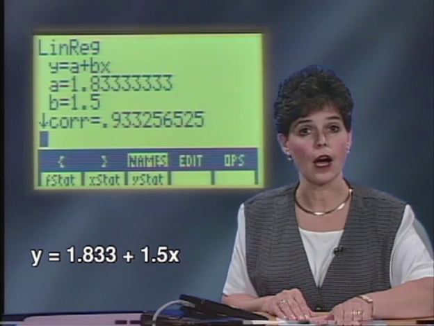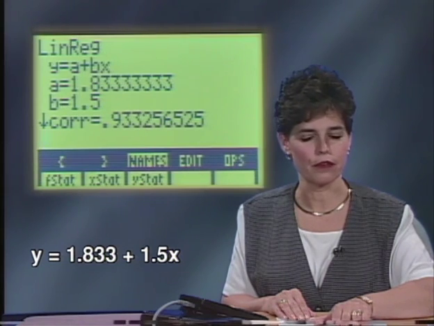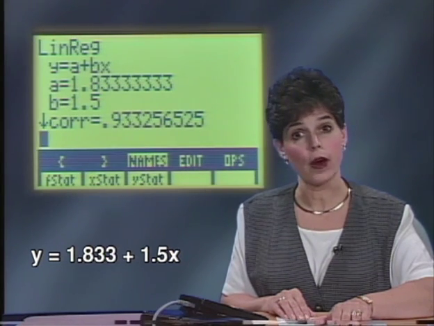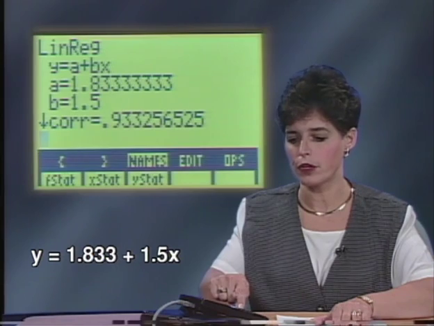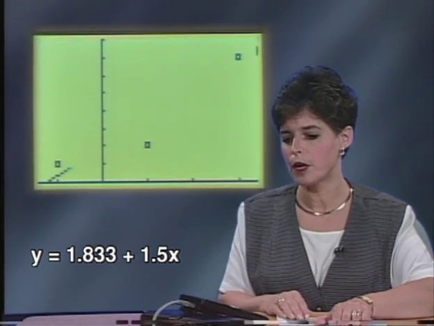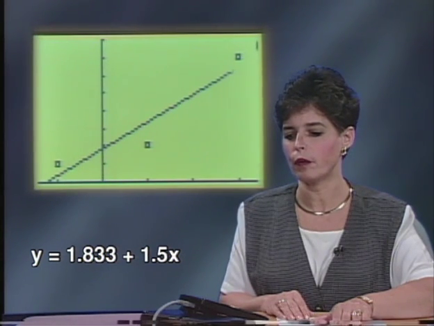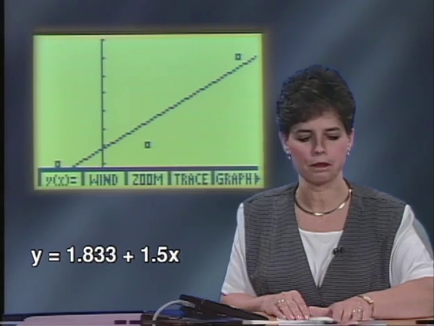In other words, I have y equals 1.833 plus 1.5x. Well, let's go to graph and see what it looks like now. Press the graph key, go to graph again with F5. You see your ordered pairs, and now you see the linear regression equation line.